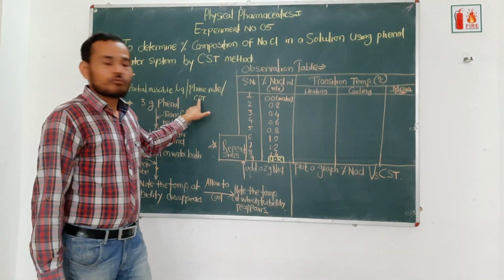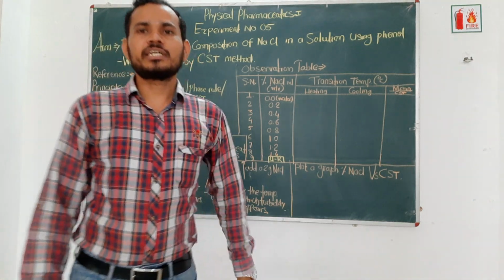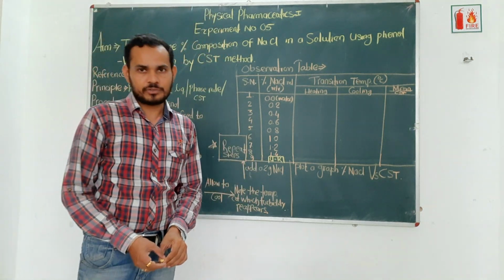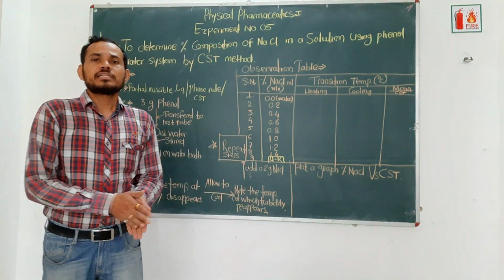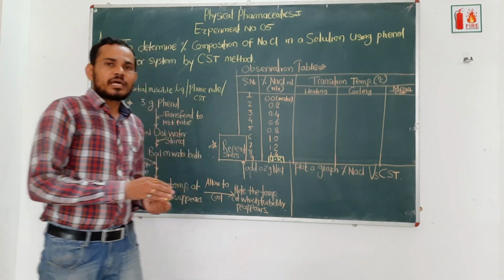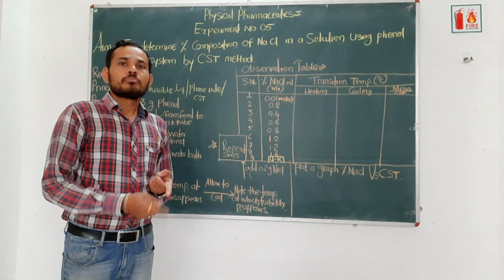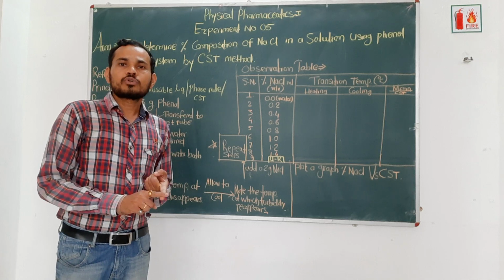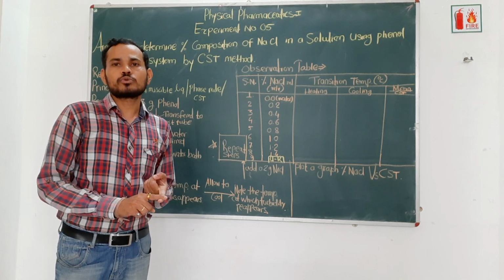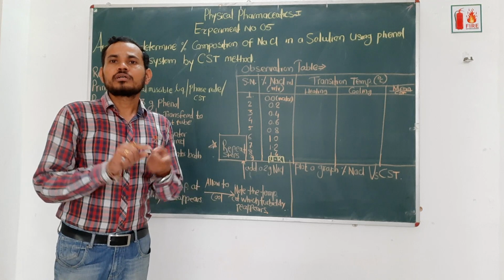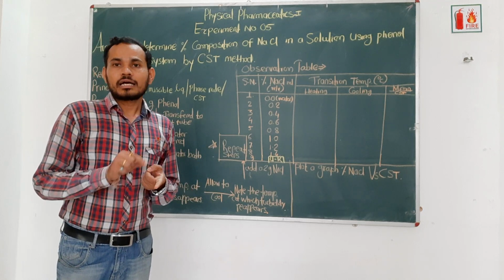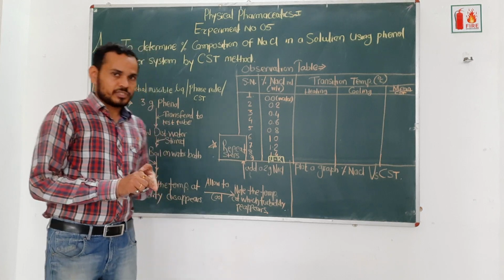Coming to the point, what this critical solution temperature is, it is named CST, that is, critical solution temperature. Critical solution temperature is the temperature at which both of the partially miscible liquids form a homogeneous solution. That particular temperature is what we call the critical solution temperature.